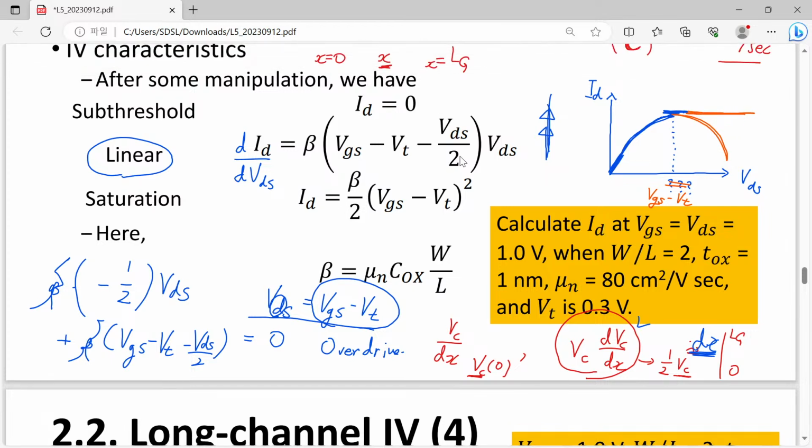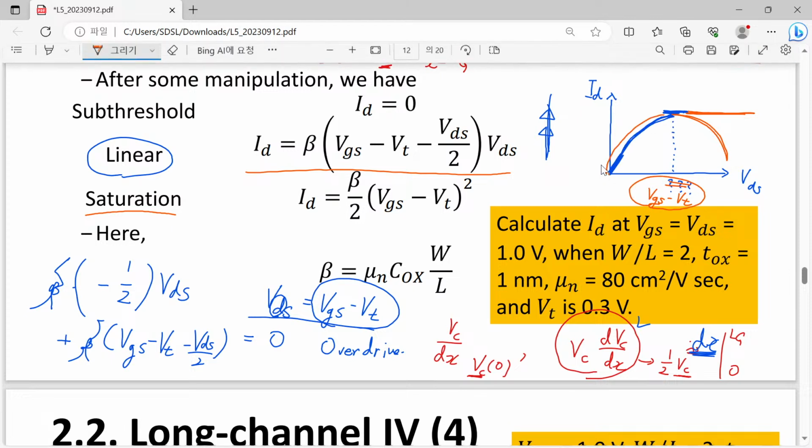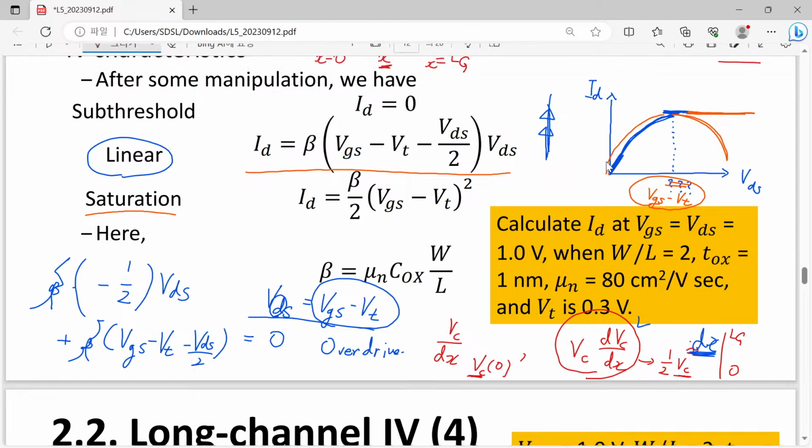So, therefore, in our simple expression, we have to introduce some limit on this linear mode expression. Please apply this linear mode expression only when your drain voltage is lower than this gate overdrive voltage. Beyond the gate overdrive voltage, when your drain voltage is higher than that, please just use the saturation current value.